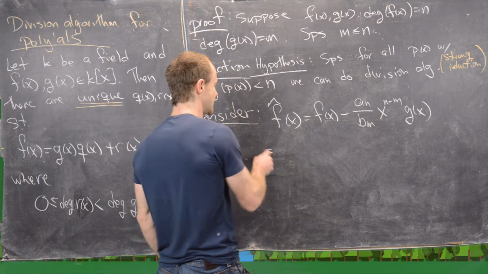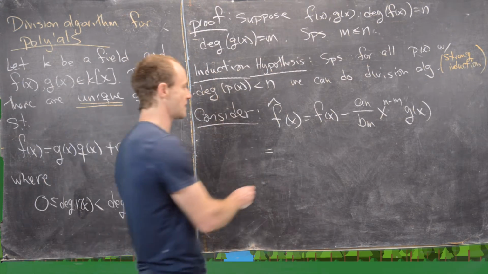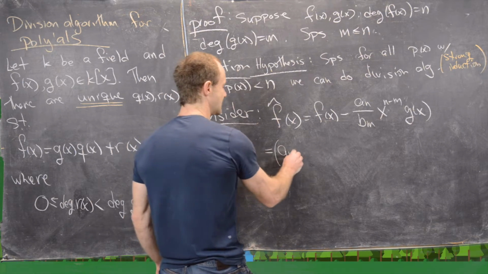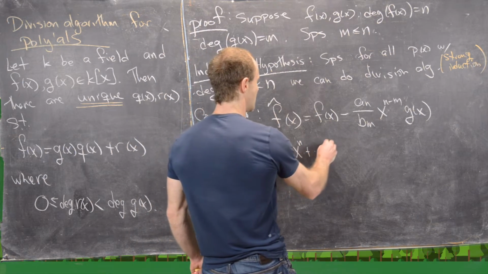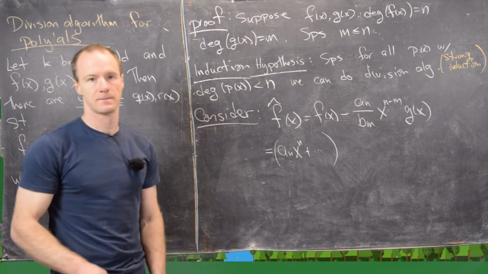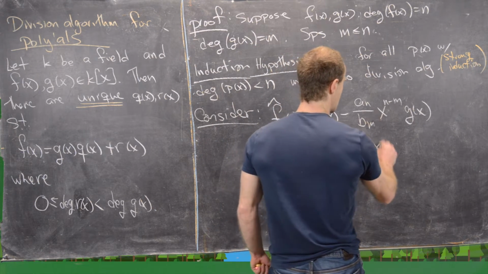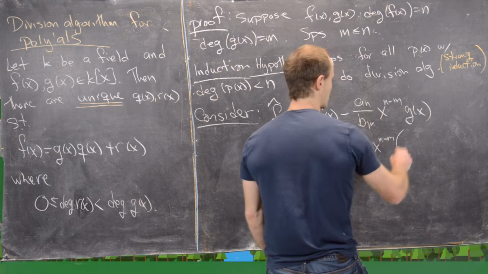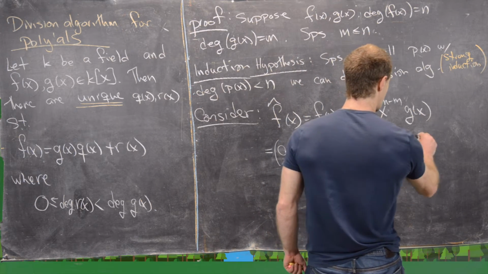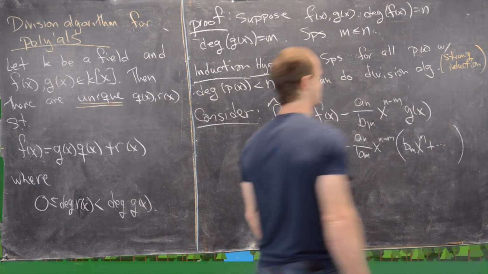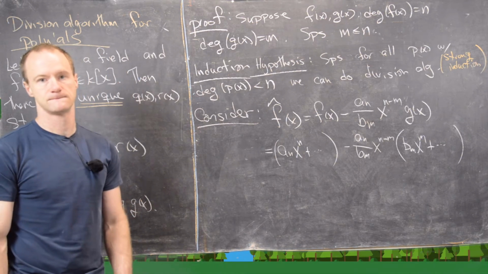So I'm going to use the standard notation that we had on the last board. So f of x is going to be a sub n x to the n plus lower terms. And from that, we're subtracting a sub n over b sub m, x to the n minus m, and then recall that g of x was b sub m x to the m plus lower terms. Great.